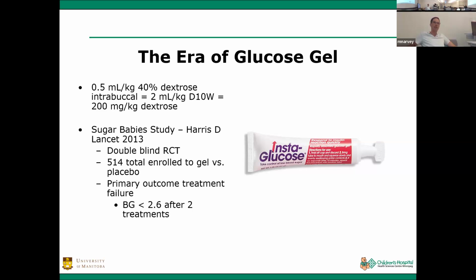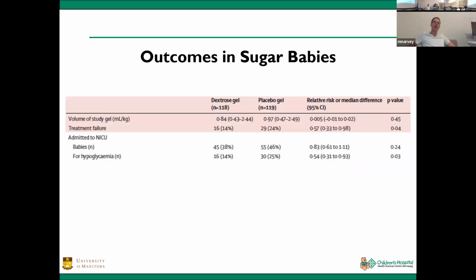And the primary outcome was avoidance of a blood sugar of less than 2.6 after 2 treatments. What they found, in case you're not aware, was treatment failure was roughly 50% less. So the placebo was 24% treatment failure versus 14% with dextrose gel. When you looked, though, at admission to an ICU, there was no statistical difference in admission of these babies to the unit.